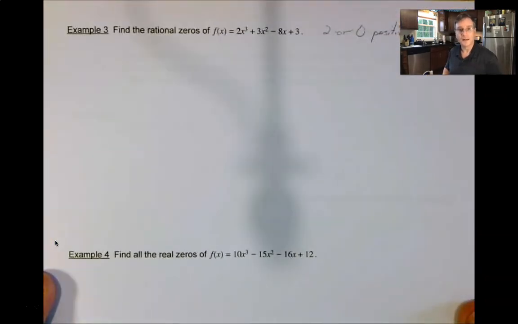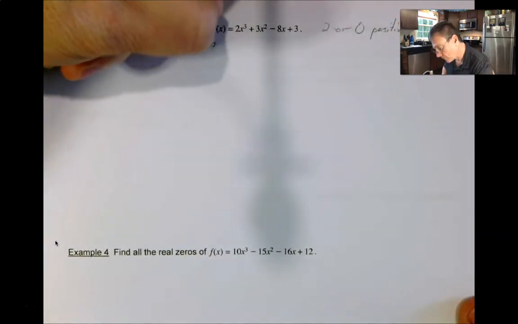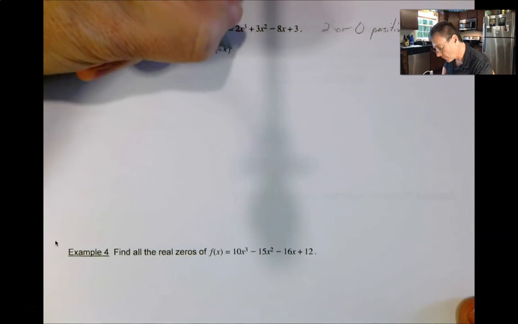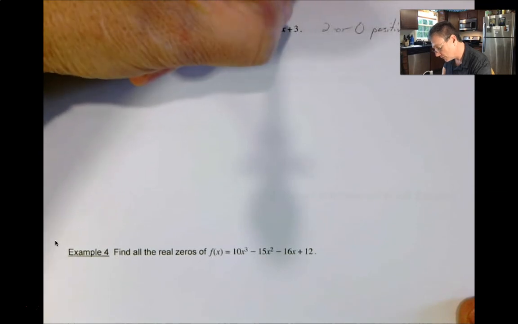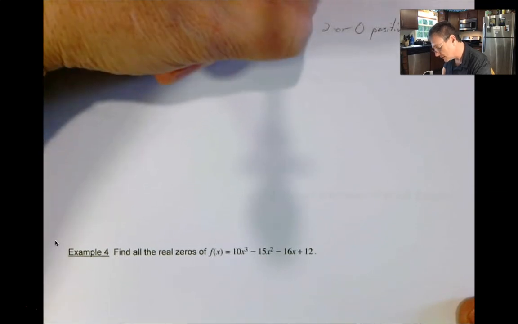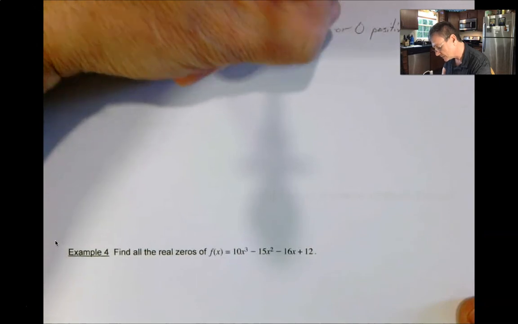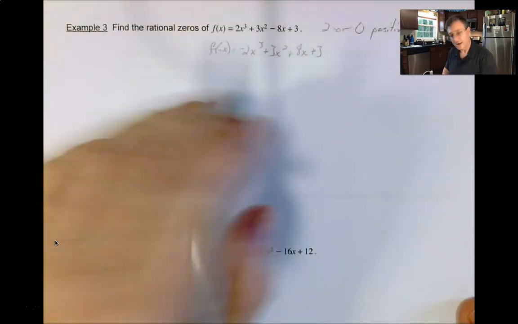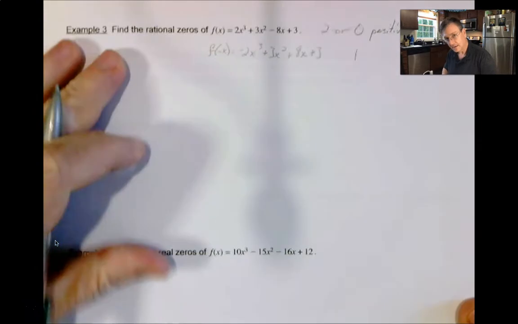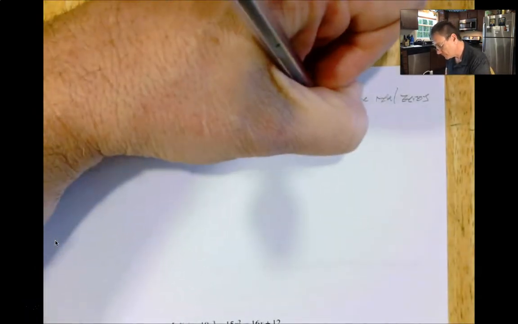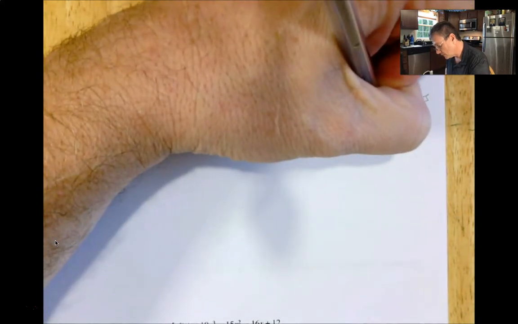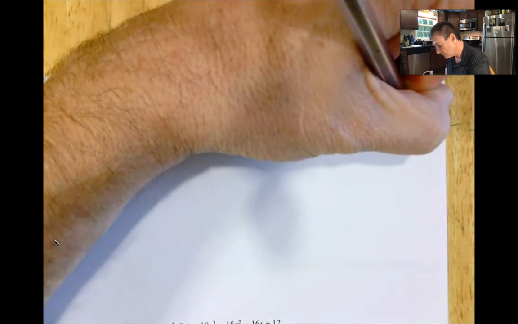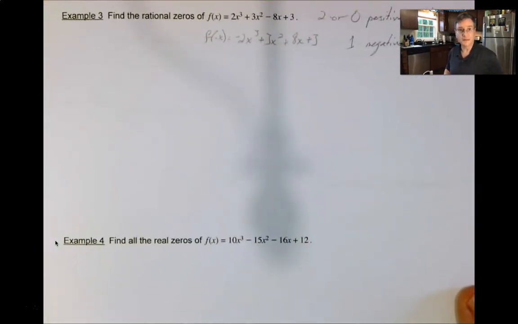F of negative x: -2x cubed plus 3x squared plus 8x plus 3 gives us 1 change. So 1 negative real 0. So we have 1 negative and 2 or no positive ones.